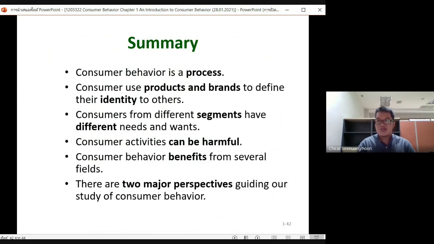Then consumers are not the same. You need to do segmentation and focus on what they need and want. Then consumer activities can be dark too, so you need to be aware of the dark sides of consumer activities. And consumer behavior benefits from several fields. As we have the pyramid, consumer behavior can be very small, like micro consumer behavior, and can be a very large area like macro consumer behavior.